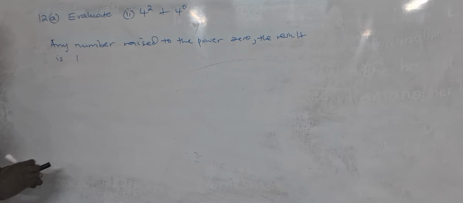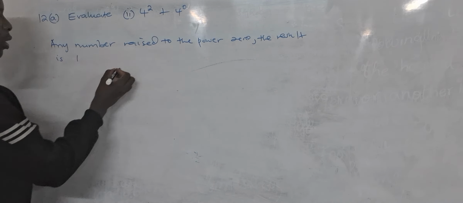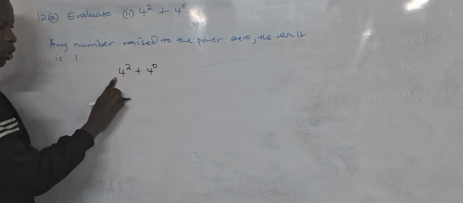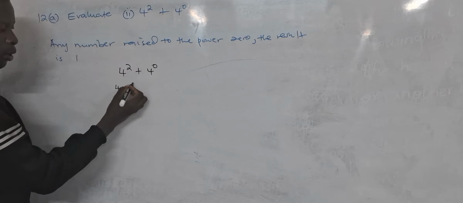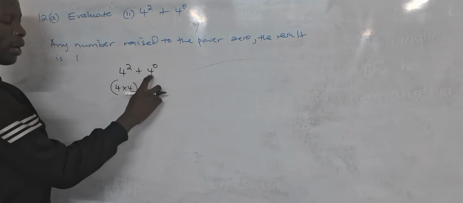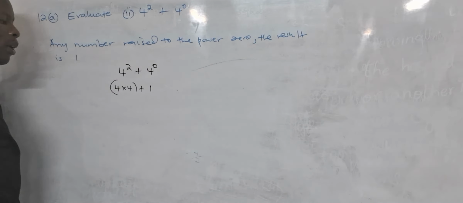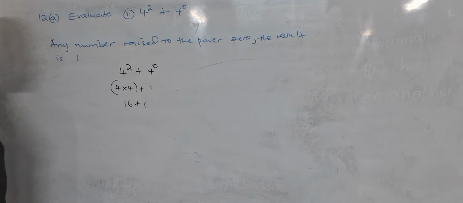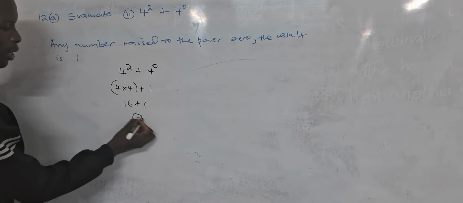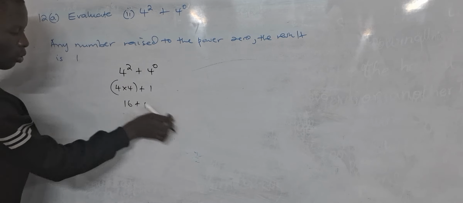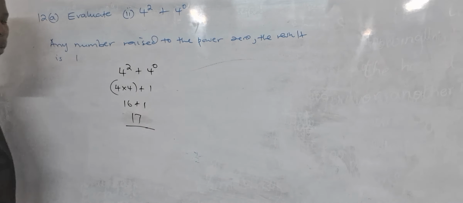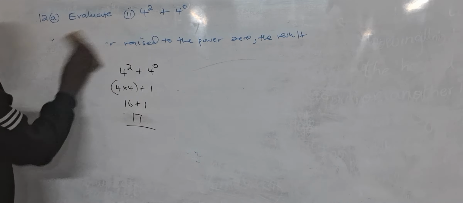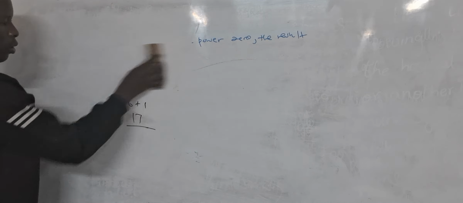So this is 4 to the power 2 plus 4 to the power 0. 4 to the power 2 simply means 4 times 4, plus, any number raised to the power 0, the answer is 1. 4 times 4, what is the answer? 16. 16 plus 1 is nothing but 17. This is 17. Let's move on to part B, 12B.